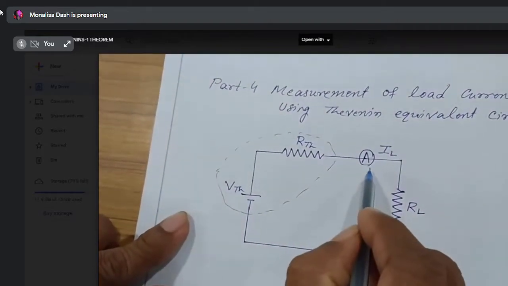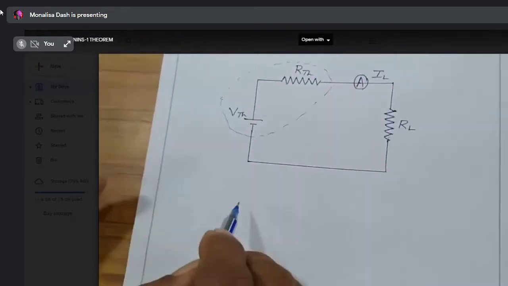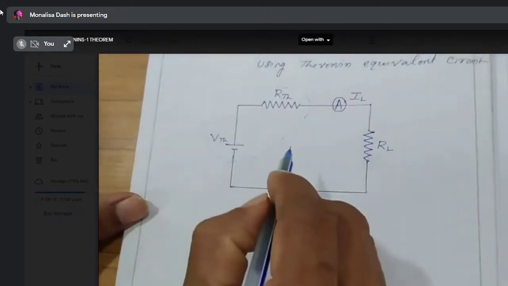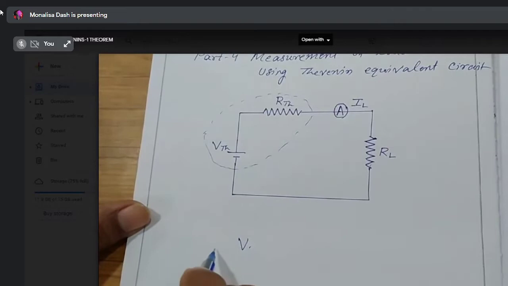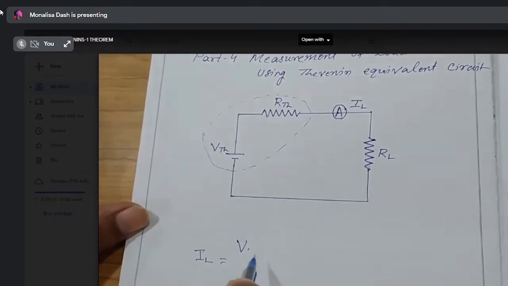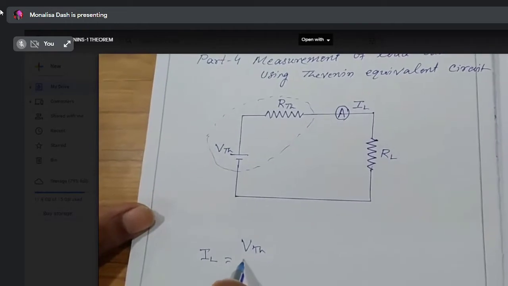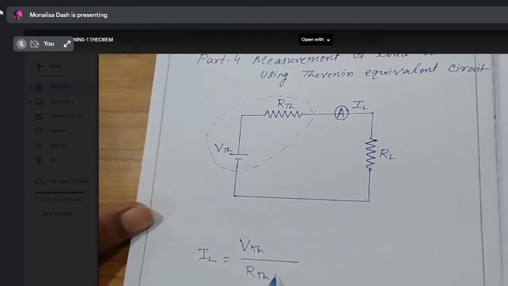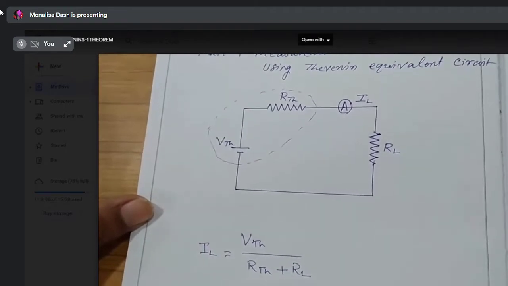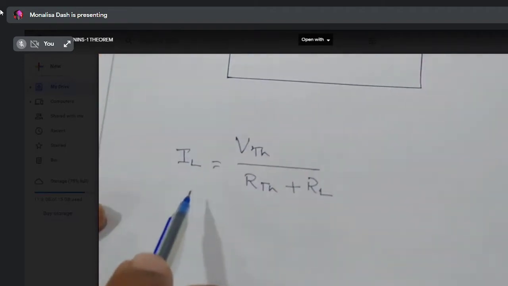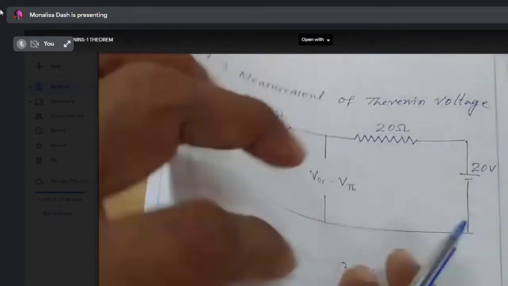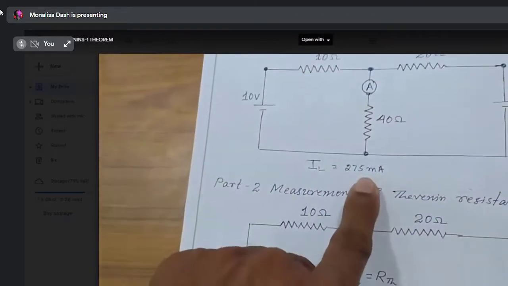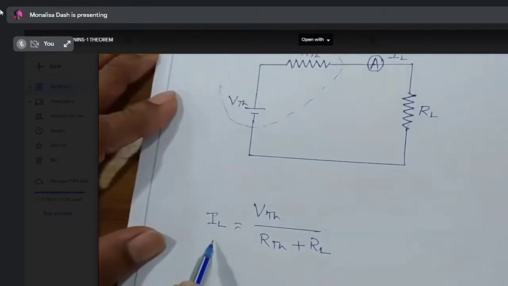An ammeter is connected in series with it to measure the load current. To verify the load current, this is the formula, whether this current is equal to the previous actual current, 275 milliampere. Whether this current is coming or not, we have to verify using the Thevenin equivalent circuit. IL equal to this.